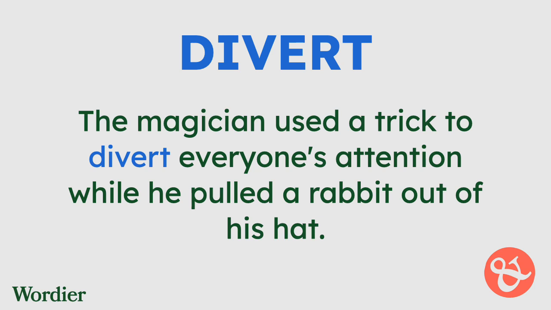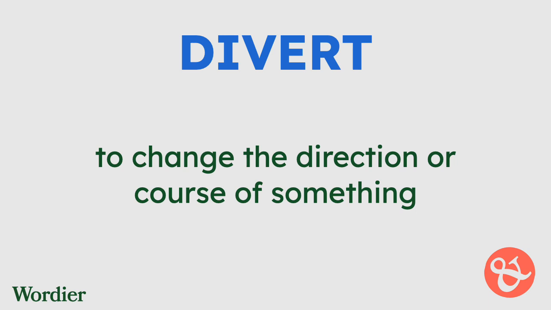So what do you think divert would mean? Bearing in mind that vert means turn. By the way, guessing what this word means is a really important part of remembering what it means. So if you need some more time to think about it, just pause this video before I reveal the definition. Okay, so the definition is to change the direction or course of something.